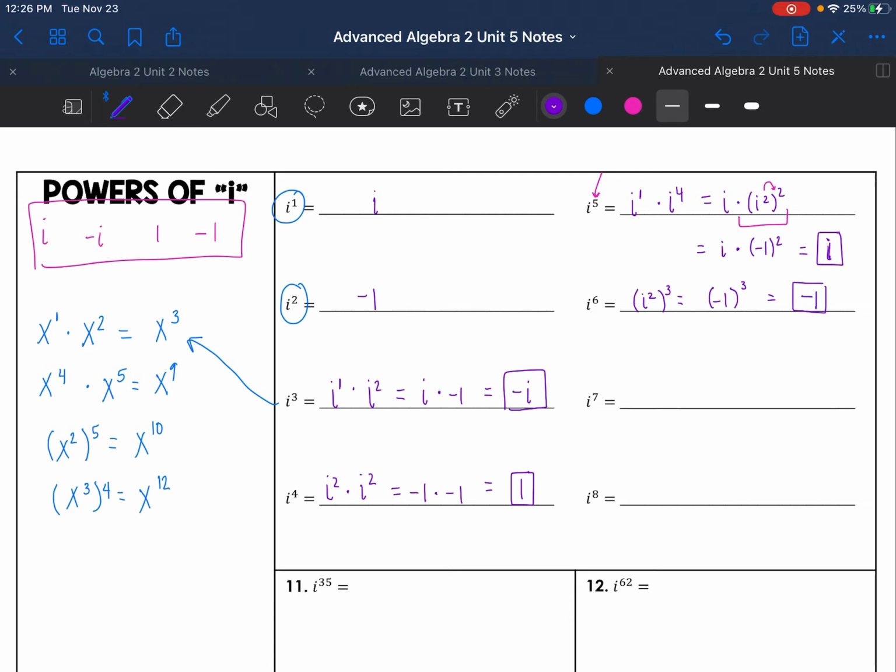All right, let's look at i to the 7th. Anytime it's odd, we're going to write just i by itself and multiply that by i^6. If we're taking out one of the i's, we have 6 left over.